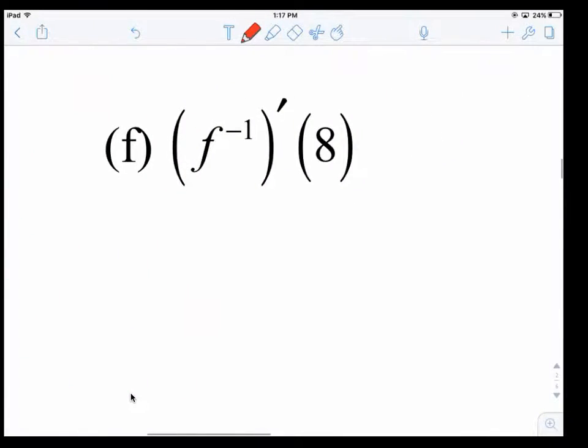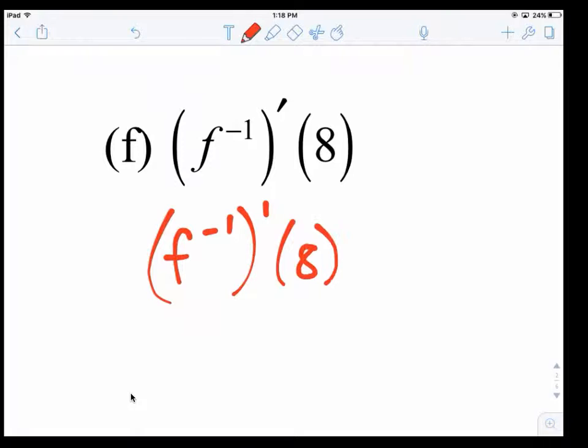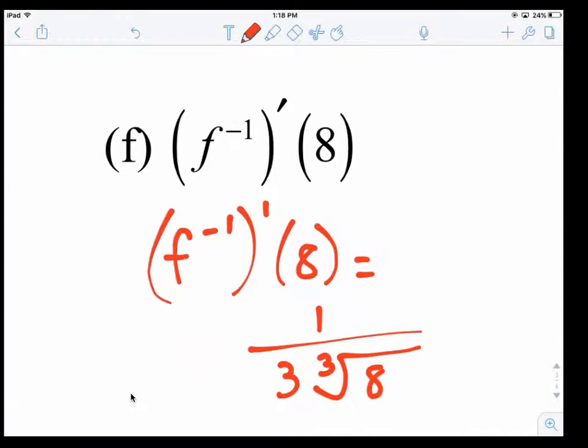So what then is the derivative there at 8? We have 1 over 3 times the cube root of 8 squared.